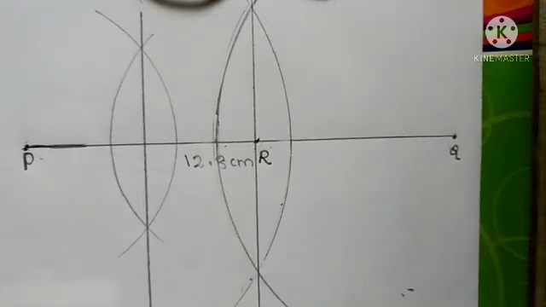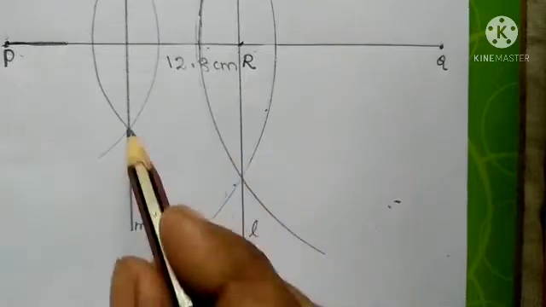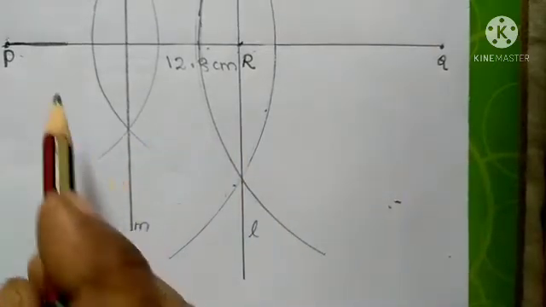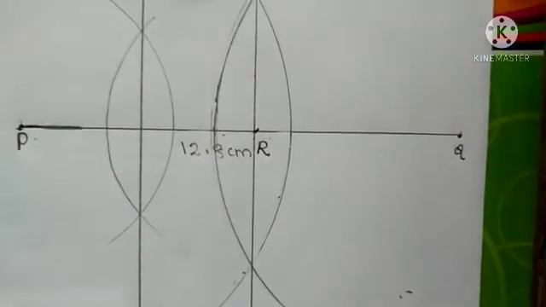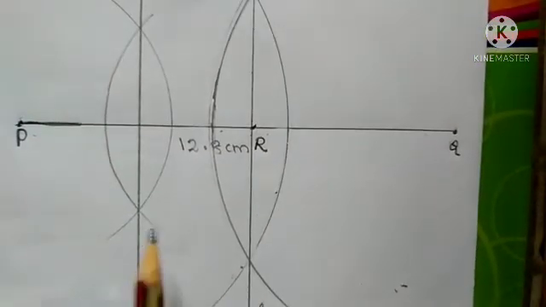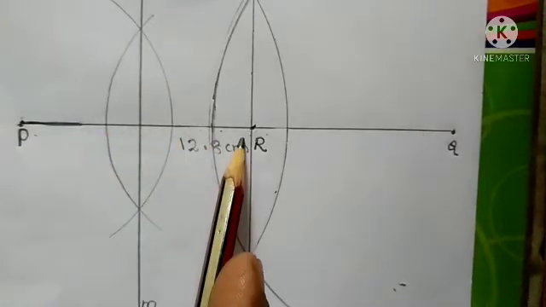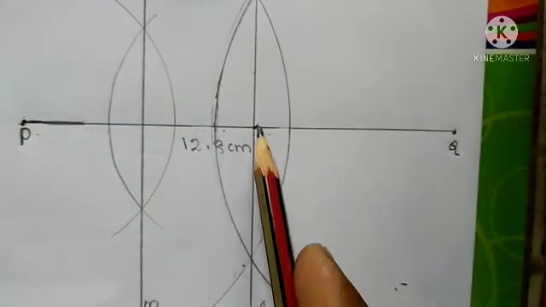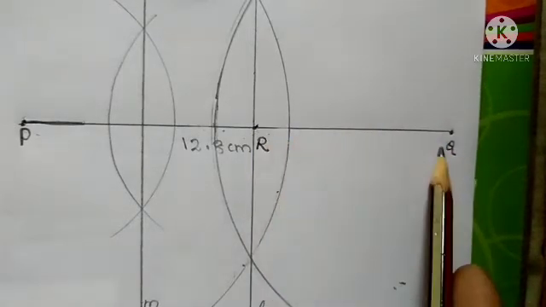We can give any letter to this line segment here. L is the bisector of PQ. M is the bisector of PR. Then now we got here two equal parts of PR. Then we have to draw bisector to QR or RQ here.